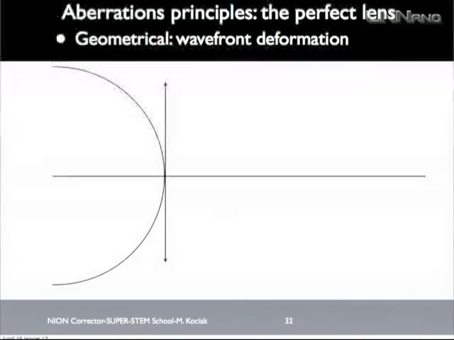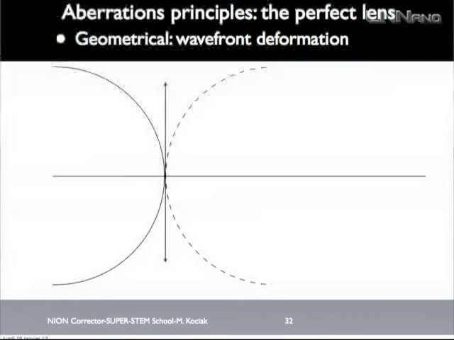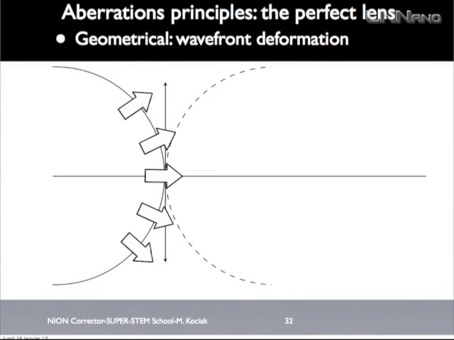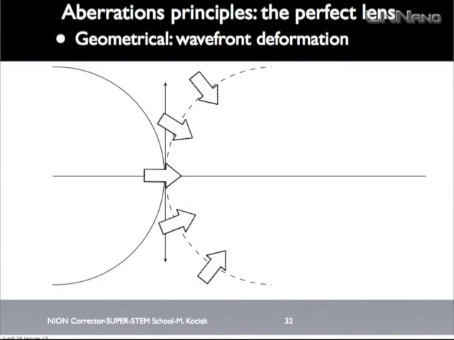So this is a perfect wavefront coming onto a lens. So this is a sphere, in fact. And a way of discussing a perfect lens is to say that an incoming spherical wavefront will be converted into another spherical wavefront.